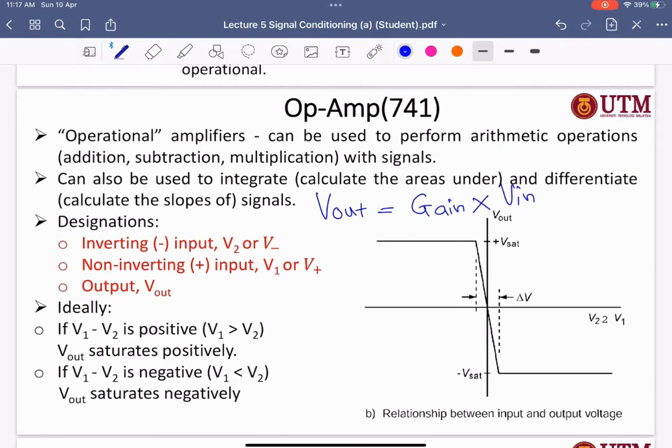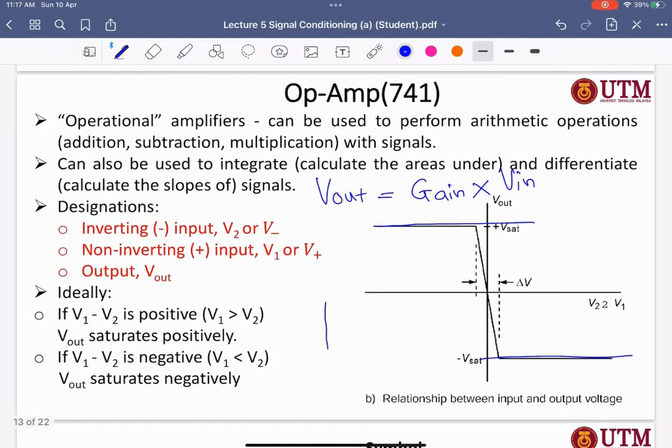And of course it has the saturation value. If you look at the OM symbol, it has two inputs, the symbol is like this, minus and plus. Then you need to supply the OM with a power supply. For example, you supply 15 volts.